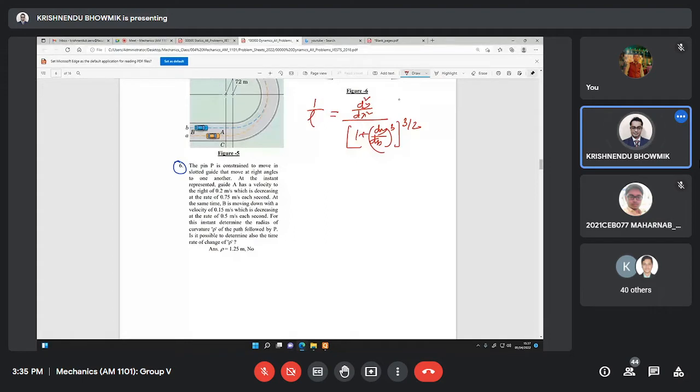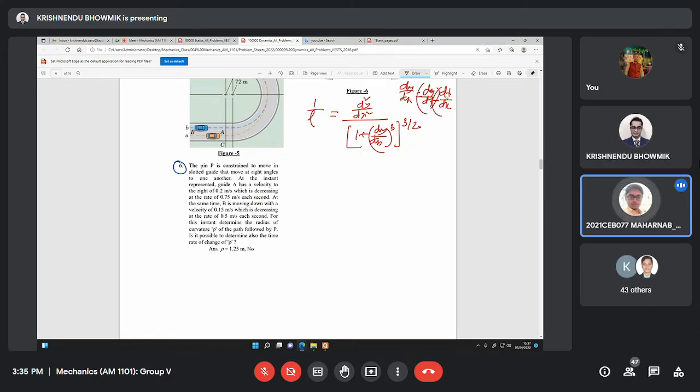So dy/dx equals dy/dt upon dx/dt. Yes, sir, it comes out to be minus 3/4 after putting the values. So using that formula, what rho value are we getting?